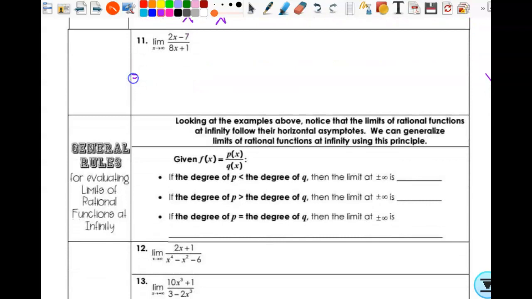So this is equal to the limit as x approaches infinity of, so the highest exponent of x is just 1, so this gives me 2x over x minus 7 over x, and then 8x over x plus 1 over x. Then I'm going to simplify.